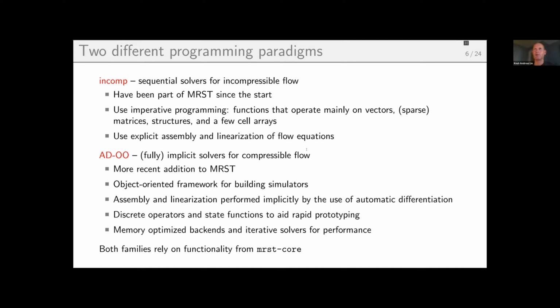So the idea is that you code the equation, and then the automatic differentiation library differentiates and computes the Jacobians of a residual. We also have discrete operators and state functions that aid rapid prototyping. And lately, we've added memory-optimized backends and iterative solvers for improved performance.